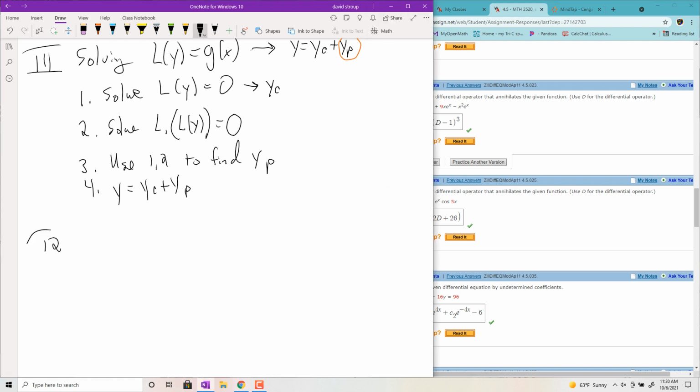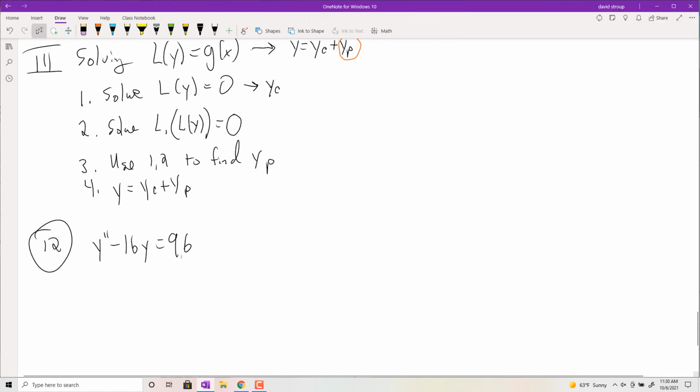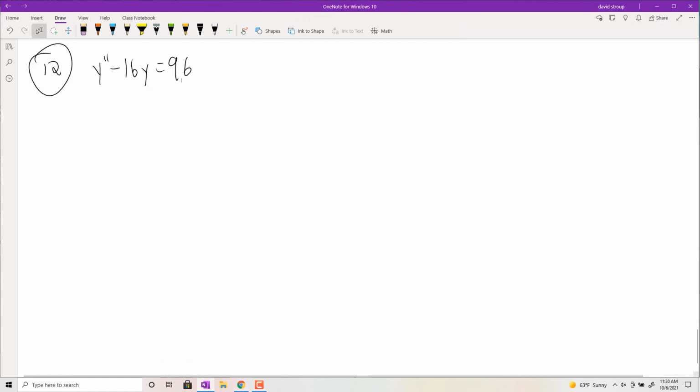So number 12, we have y double prime minus 16y equals 96. Okay, so this one should be fairly simple to start with. Let's give it some room. Okay, so first I want to solve the associated homogeneous differential equation y double prime minus 16y equals 0. I know how to do that from the previous section, right?